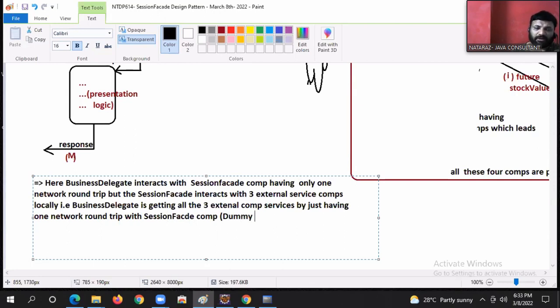Nothing but a dummy component, guys. That is nothing but the dummy component.